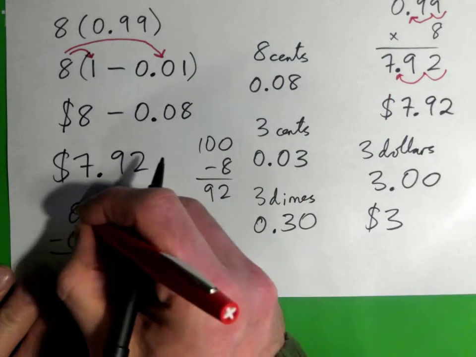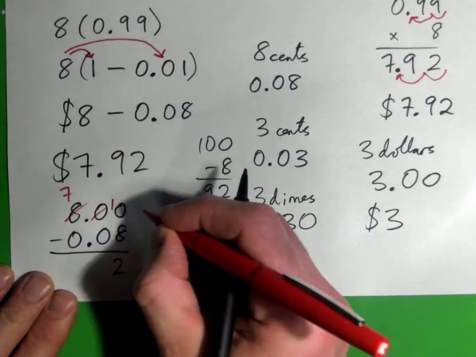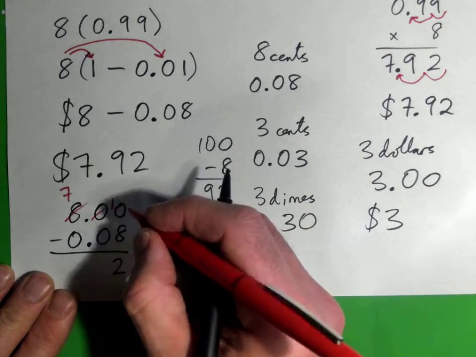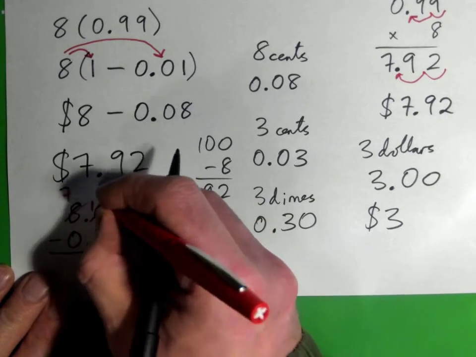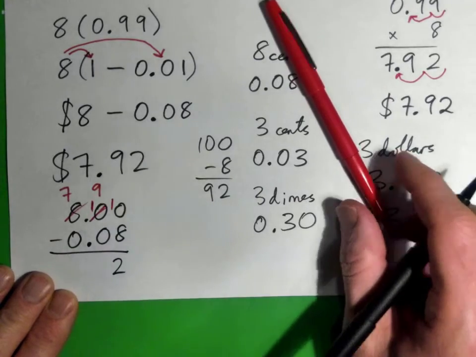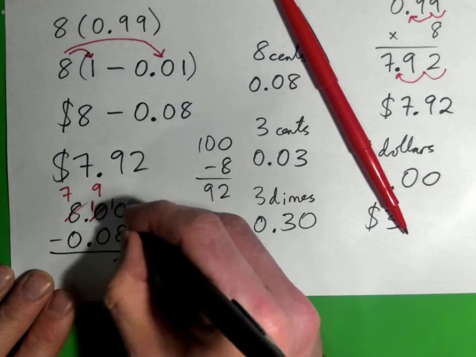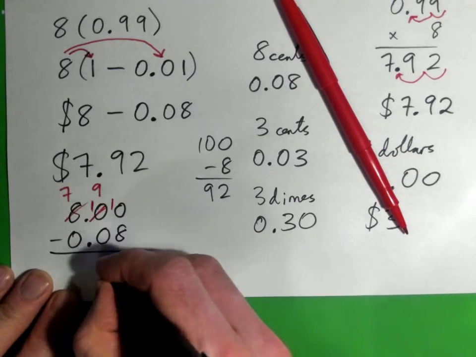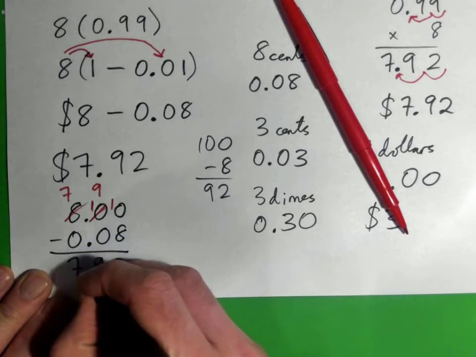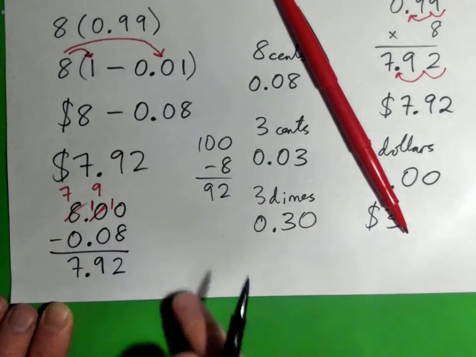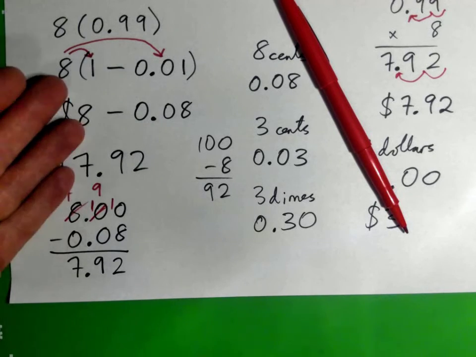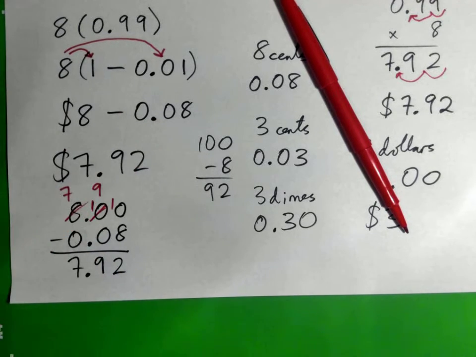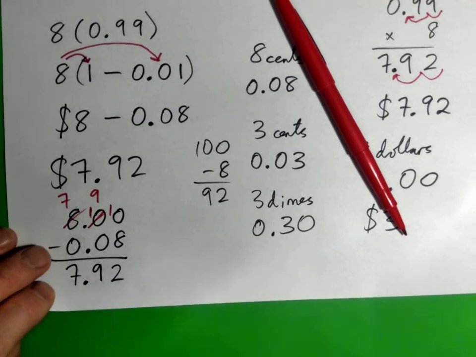And this we have to borrow from here to get 7. And that goes over here to make 10, and when you borrow from that it becomes 9, and so 10 minus 8 is 2, 9 minus 0 is 9, 7 minus 0 is 7. You can do the long way of subtracting the decimals too. But I hope we're good with knowing that $8 minus 8 cents is $7.92, right?